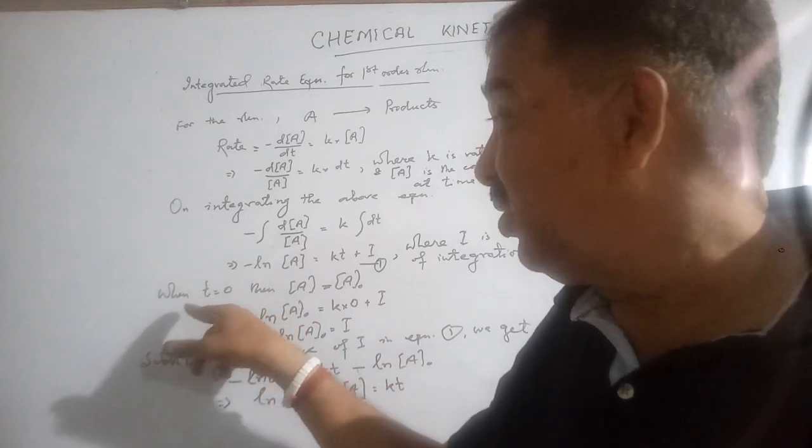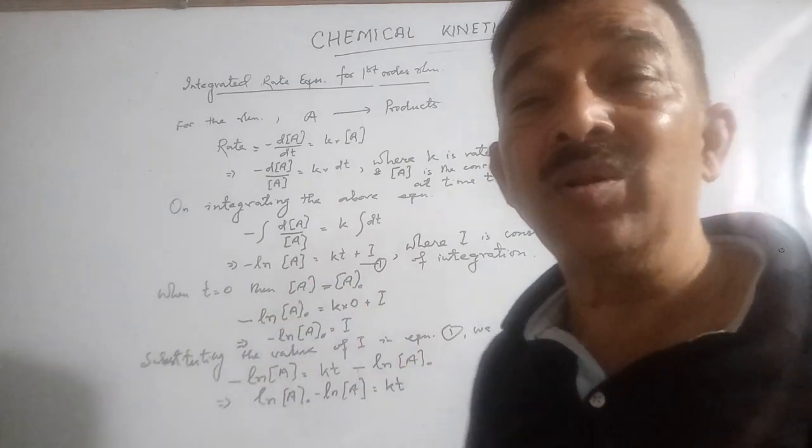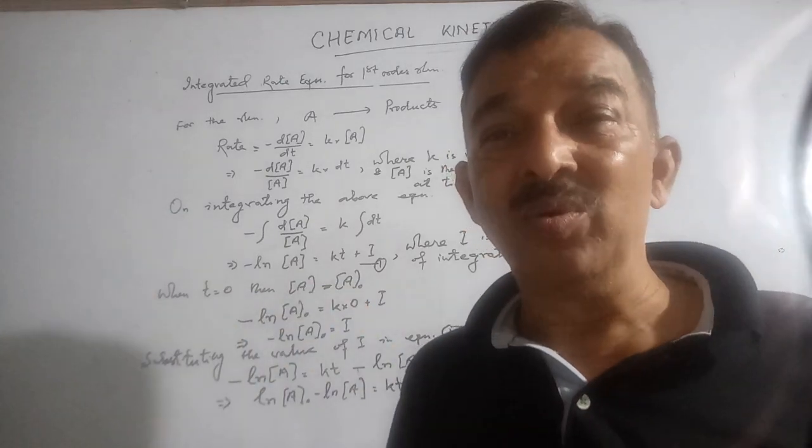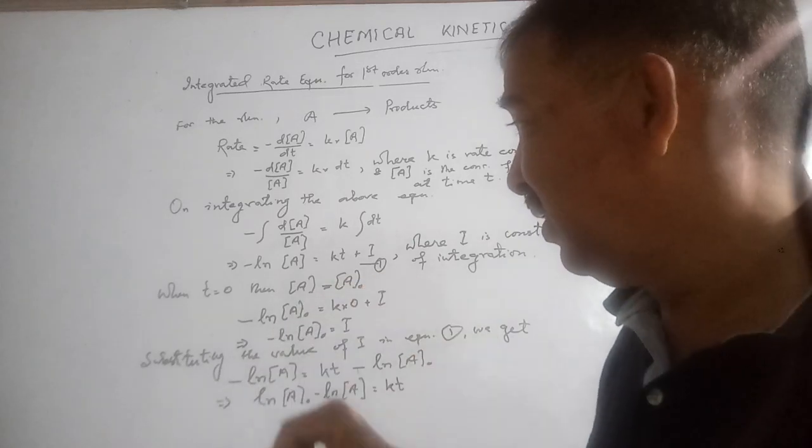When t is equal to 0, time is 0, then molar concentration of A is equal to the initial molar concentration of A, that is [A]0.